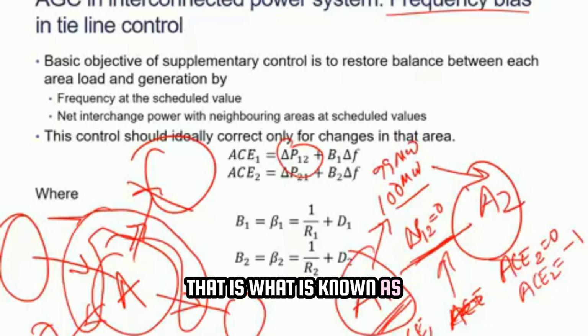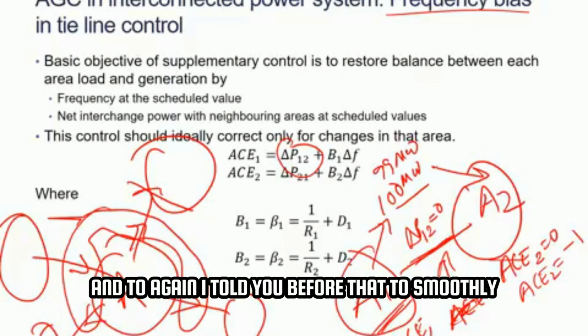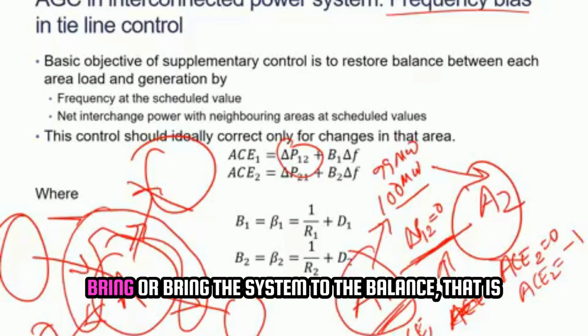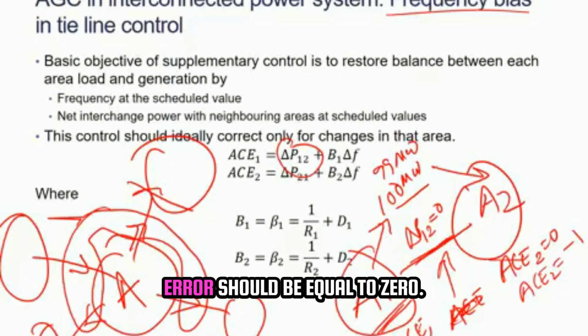That is what is known as area control error, right? To smoothly bring the system to balance, the load generation balance has to be there. We want this area control error to be equal to 0.